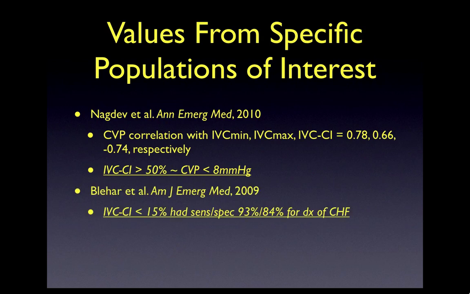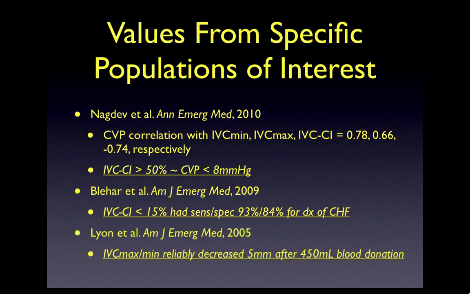Dr. Blehar and colleagues in 2009 did a study on emergency department patients who presented with acute dyspnea. They found that if the patient had an IVC collapse index of less than 15%, it had a sensitivity of 93% and a specificity of 84% for the diagnosis of congestive heart failure.